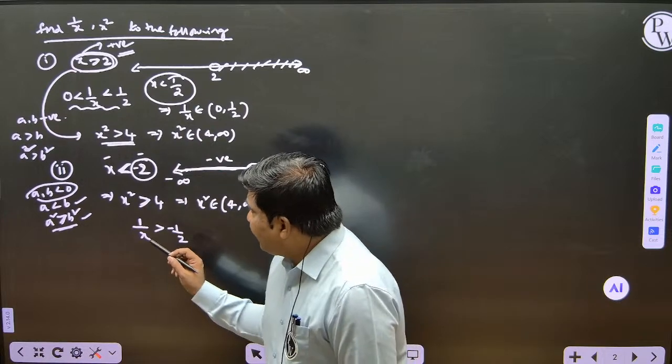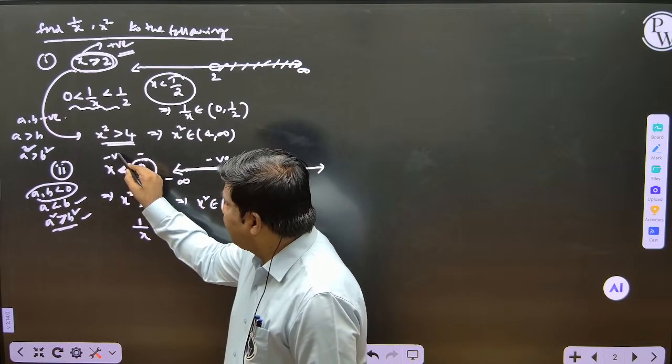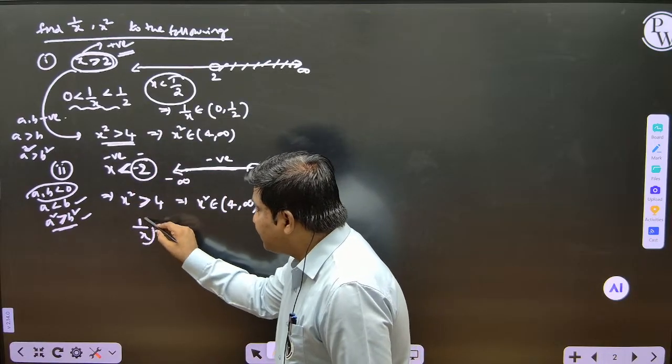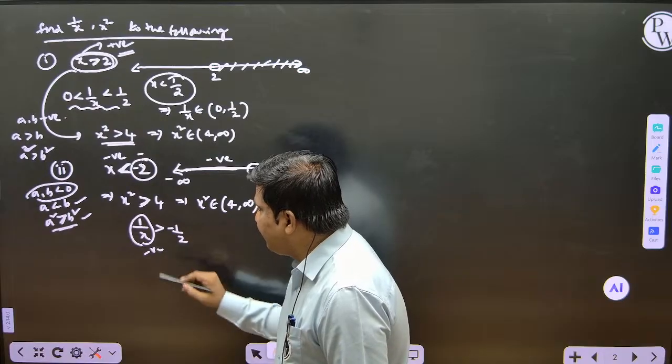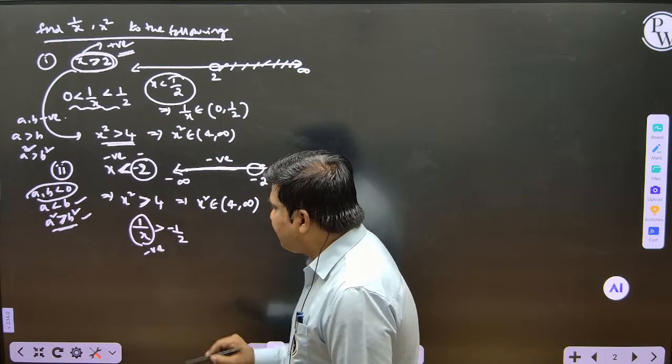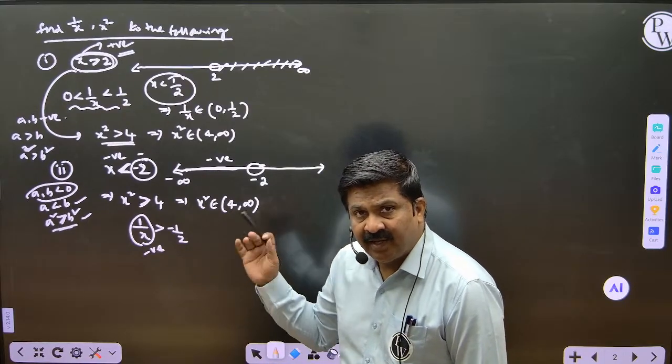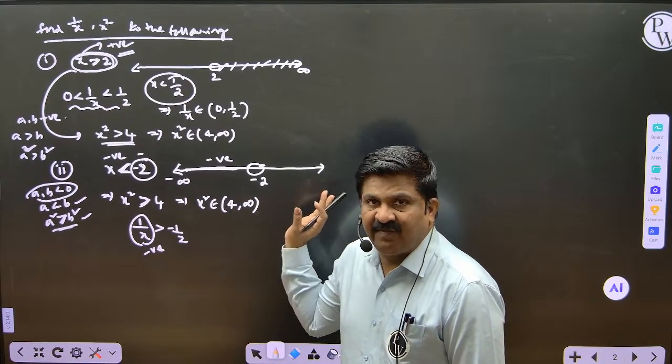But as you are aware, x is negative, so this 1 by x also should be negative. Actually 1 by x greater than minus 1 by 2 means we have to take from minus 1 by 2 to infinity.